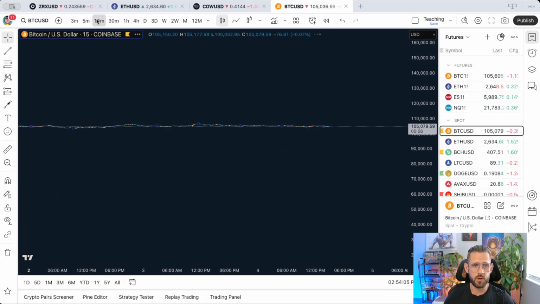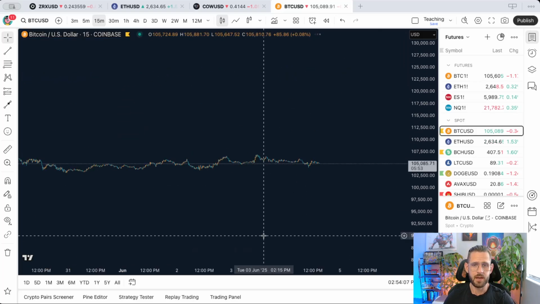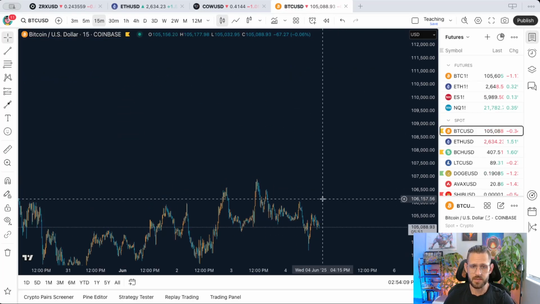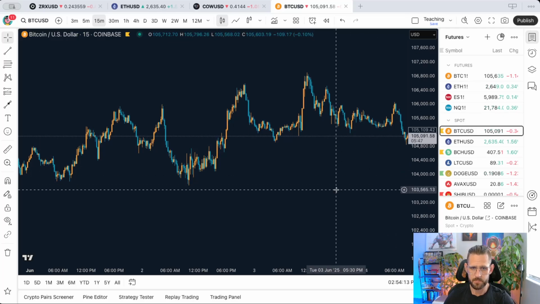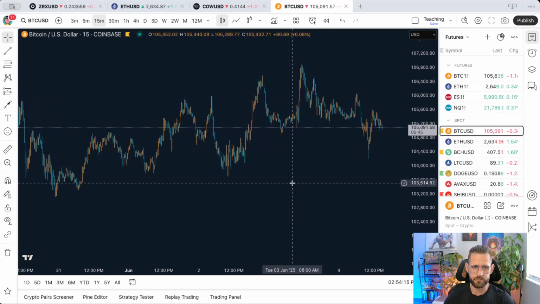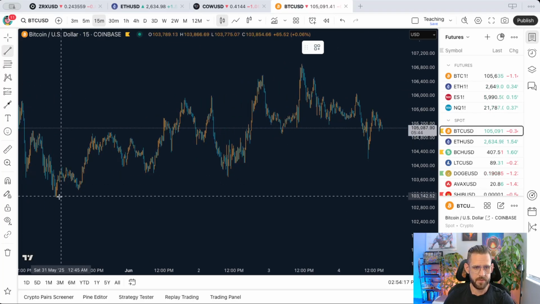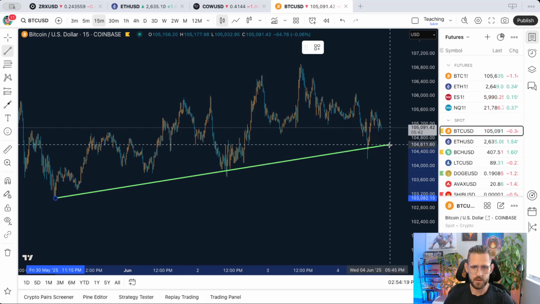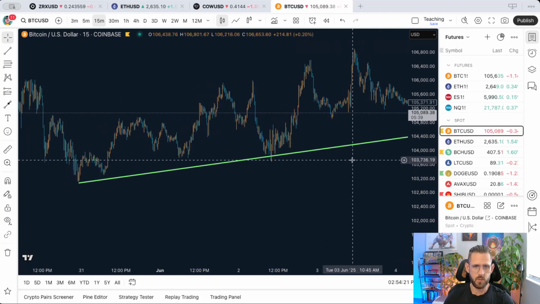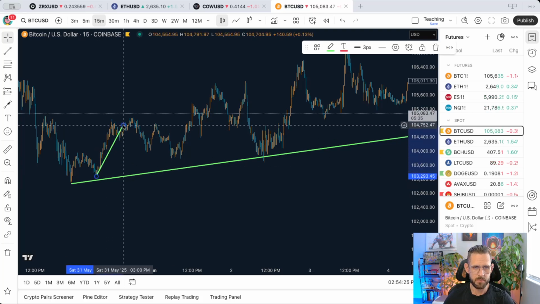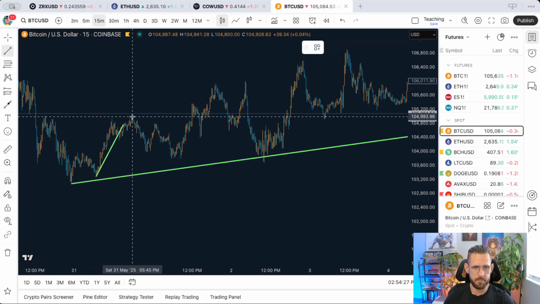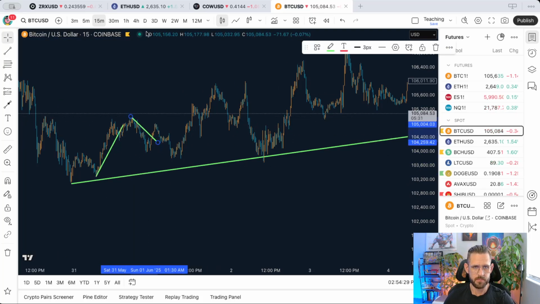If you're only looking to hold for a minute, there are also trends on these minute charts, as you can see here. So we have this overall uptrend, but also within that, we have mini uptrends and mini downtrends.